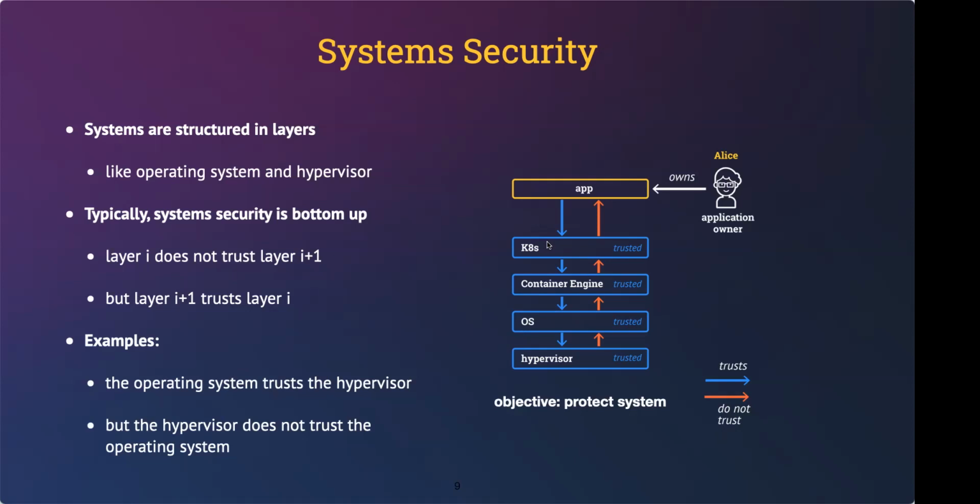And there might be Kubernetes on top, and it might need to trust the operating system underneath. So that means typically we have a layered infrastructure, and layer I+1 is not trusted by layer I, but layer I+1 needs to trust the layer underneath. And so the application is typically not trusted.